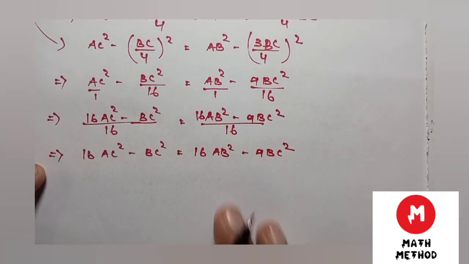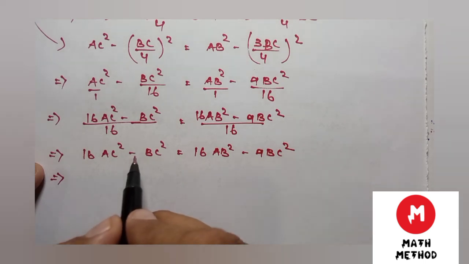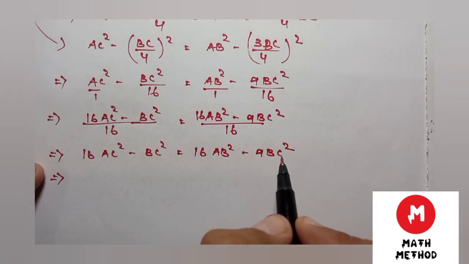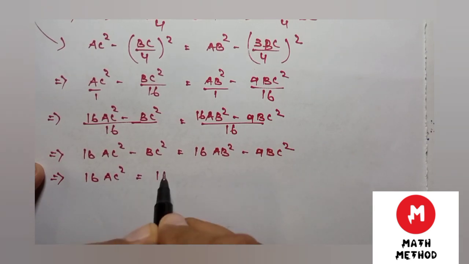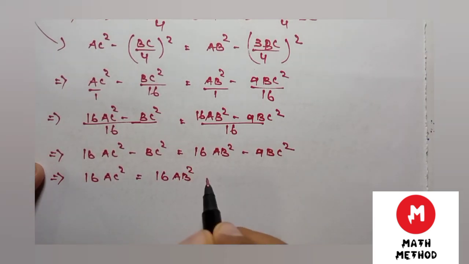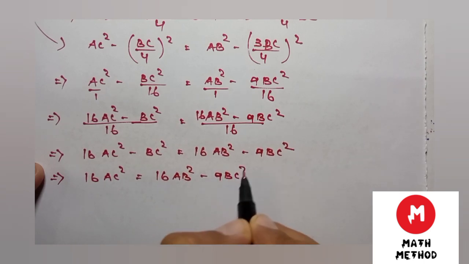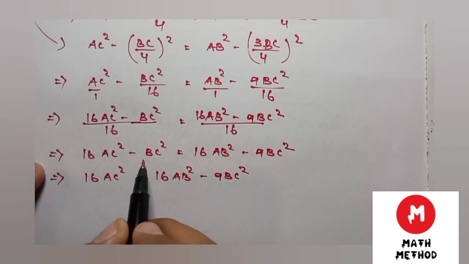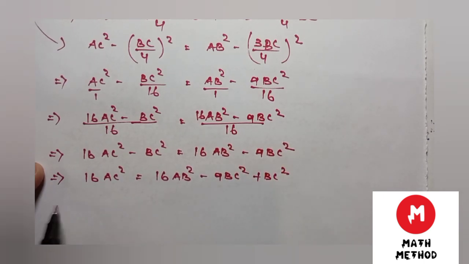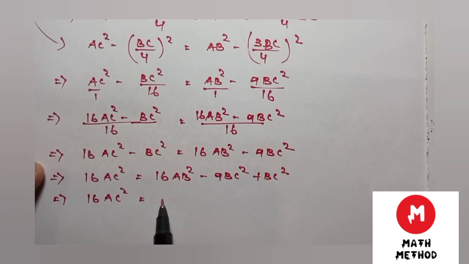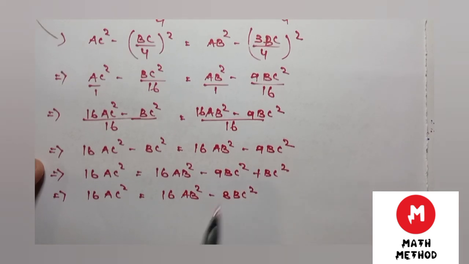Now take minus BC square to the RHS. It will become 16AC square is equal to 16AB square minus 9BC square. If we transpose minus BC square from LHS to RHS, it will become plus BC square, so 16AC square is equal to 16AB square minus 9 plus 1, which is minus 8BC square.